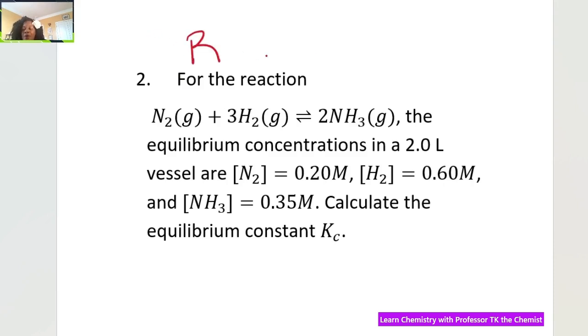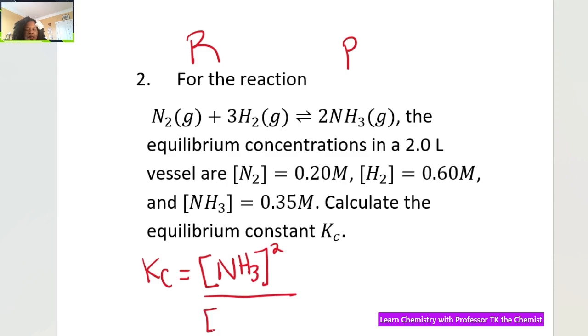So R is for reactants. Your products are on the right side. Because they want you to calculate the chemical equilibrium constant, you're going to say Kc equals NH3 raised to the power of 2 divided by N2 times H2 raised to the power of 3.